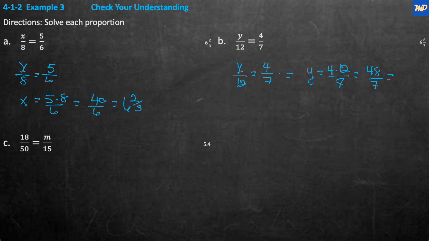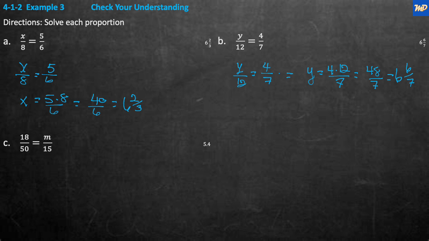And 48 divided by 7 is what? 7 goes into 48 6 times, and that's 42, so there's 6 remaining, and that's 6/7. 6 and 6/7.